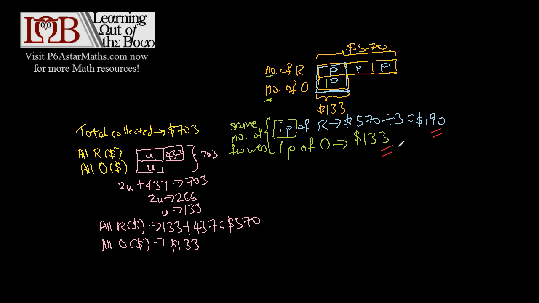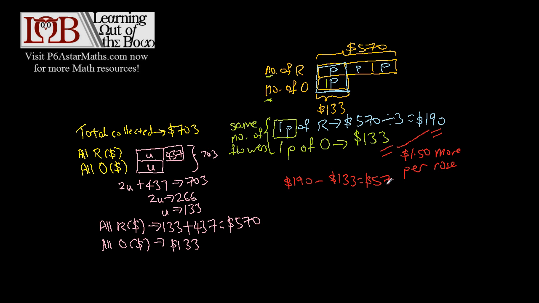So the price difference here, the amount of money collected here, is because of 150 more per rose. So let's use the difference. Let's find the difference, which is 190 minus 133, which is 57.